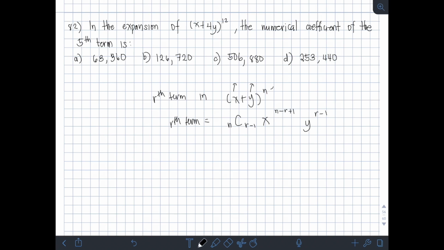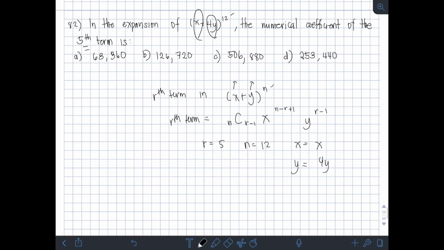So, pag sinubstitute natin yung mga value, yung r natin is dahil fifth term tayo, right, r is 5. Yung n natin, dahil to the 12 power tayo, 12. Yung first term natin or yung x is dito sa ating given binomial is x pa rin. Yung y is this time yung second term na 4y.